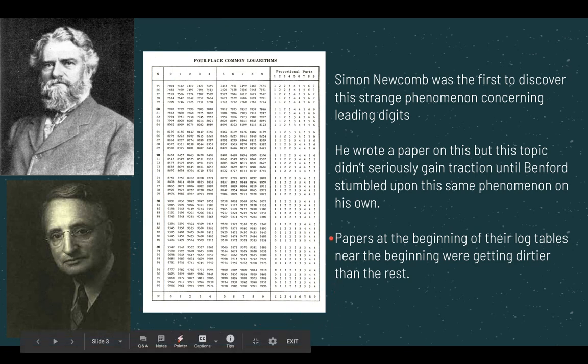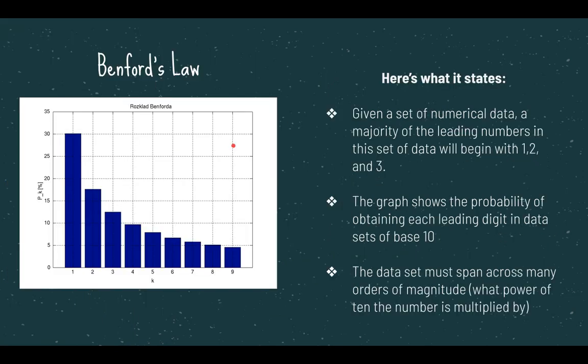This was in the 19th century, so they had to use log tables. They had a bunch of these pages, and Newcomb and Benford realized that only the pages at the beginning were seriously used, and the pages at the end weren't being used at all, so they were a lot cleaner. And this led to the discovery of a law we now call Benford's law.